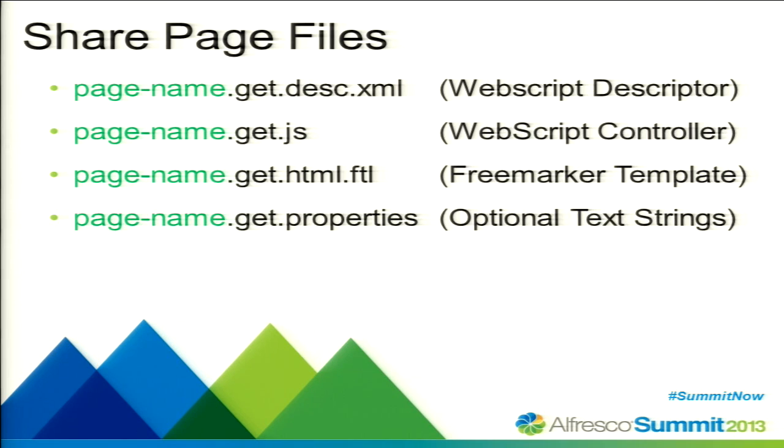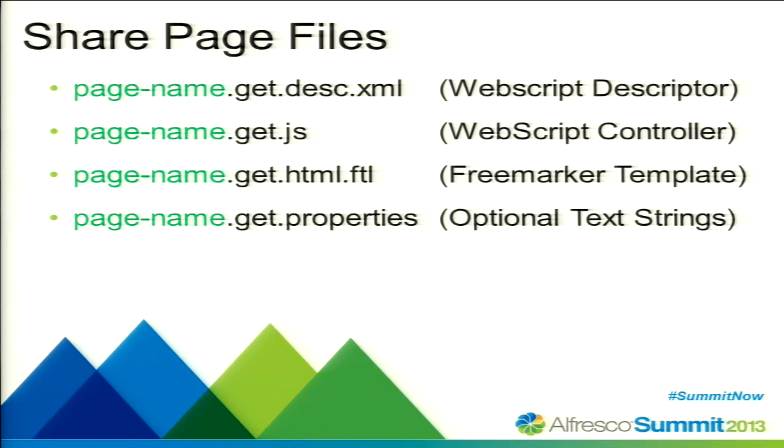There's a descriptor file, which is where it gets the name of the page from. So Share looks through the directories looking for this pattern, description.xml. And it will read those in, and then it has a list of pages. The JavaScript file, which is the Webscript controller file, we use the MVC pattern, right?